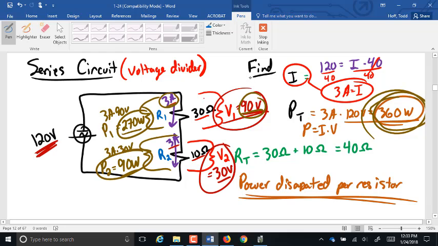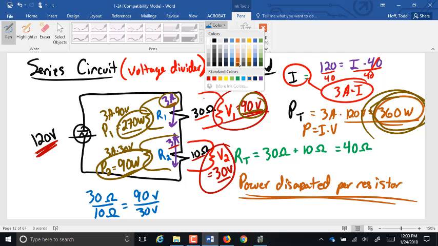You'll notice here the ratio of voltages is equal to the ratio of resistances. 30 ohms to 10 ohms is equal to 90 volts compared to 30 volts. It's a 3-to-1 ratio.